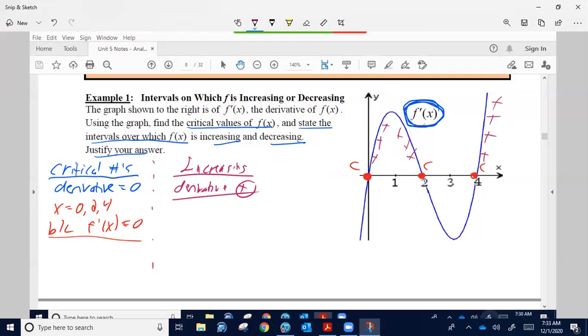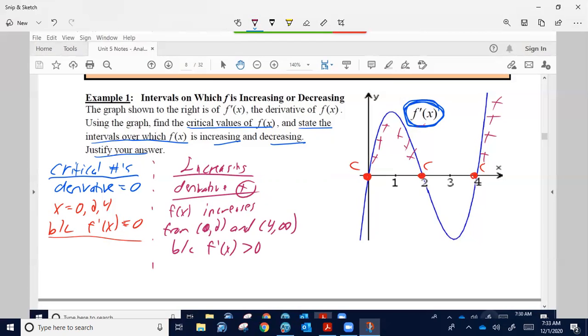So we will say f of x increases from 0 to 2 and 4 to infinity because, and that's my justify, f prime is greater than 0.